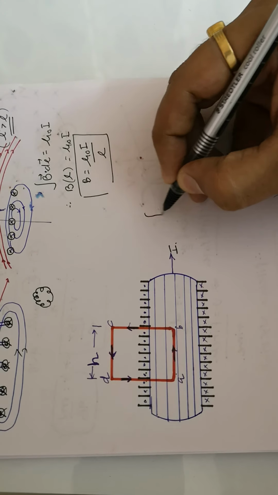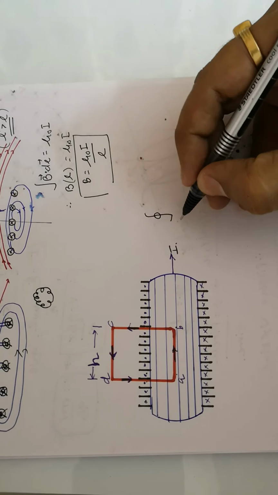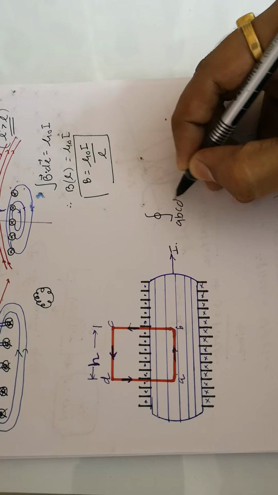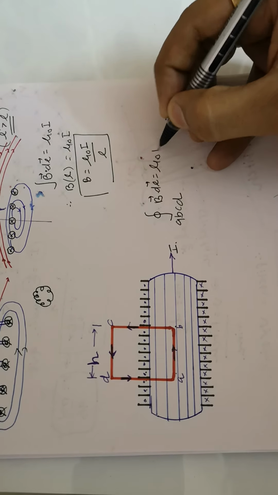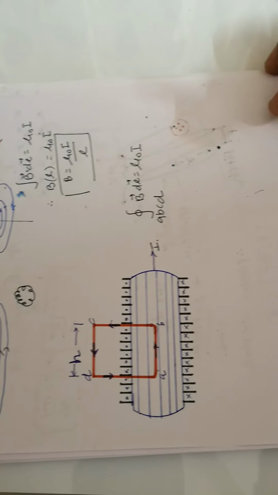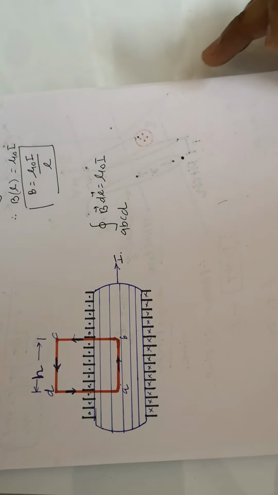First of all, I am putting a closed loop, and I have my area A, B, C and D. Integration of B dot dl equals mu 0 I. Right now I want to calculate it.